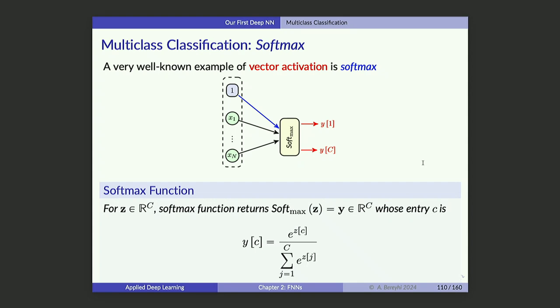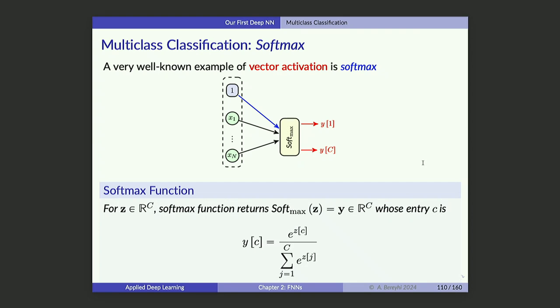Look at this guy here. E to the power of this guy, right? So it's only a function of this one. But you just divide it by the sum of E to the power of every guy here. Clear? Everybody got how softmax works?